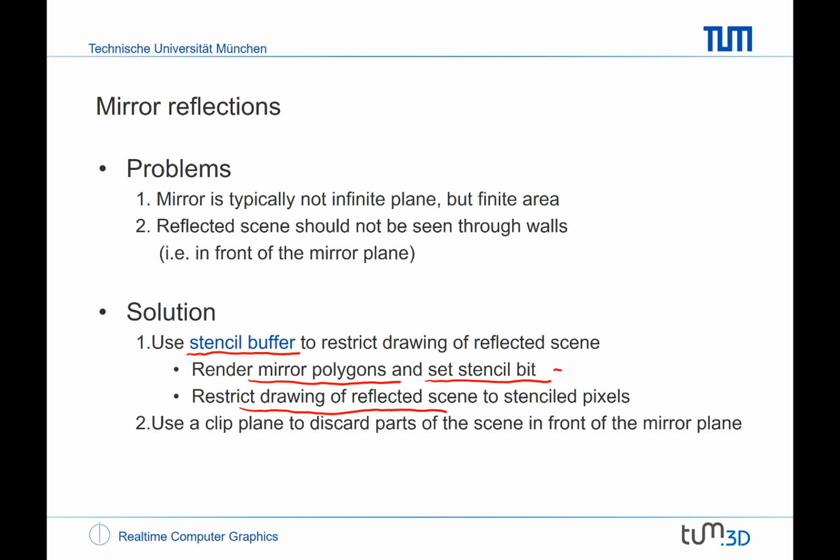And that can be done in a very simple way. We just define a clip plane, and with that clip plane we simply discard those parts of the scene which are now, due to the flip, in front of the mirror plane.